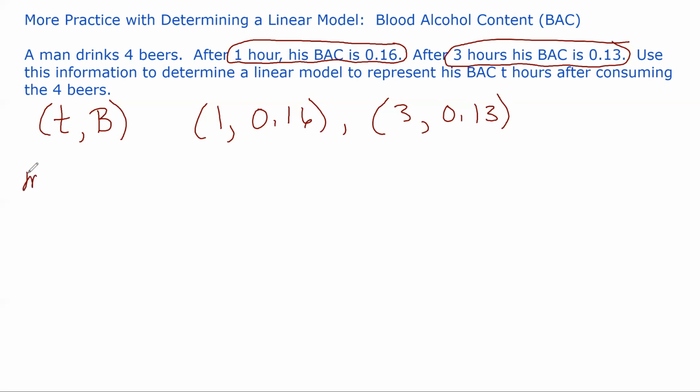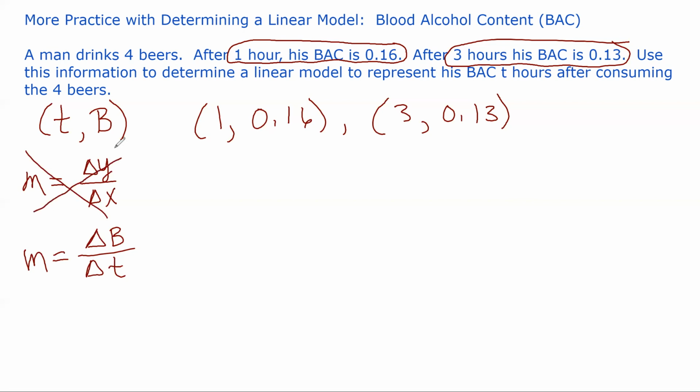Now, we might remember our slope formula as change in y over change in x, but we do not have a y or an x here. So we need to recognize that the slope formula that we will be using, our y value is represented by the second coordinate, or B, our blood alcohol content, and our first coordinate is T. So that might help us transition there.